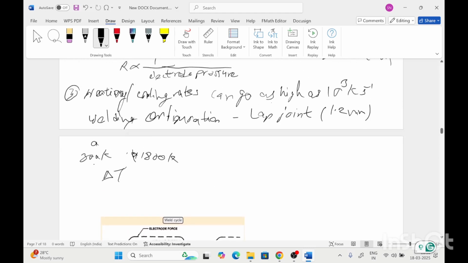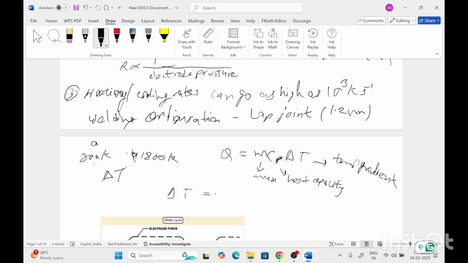In the physics of this temperature gradient, heat is generally written as m Cp delta T, where m is the mass, Cp is the heat capacity, and delta T is the temperature gradient. So delta T can be calculated as Q divided by m Cp.